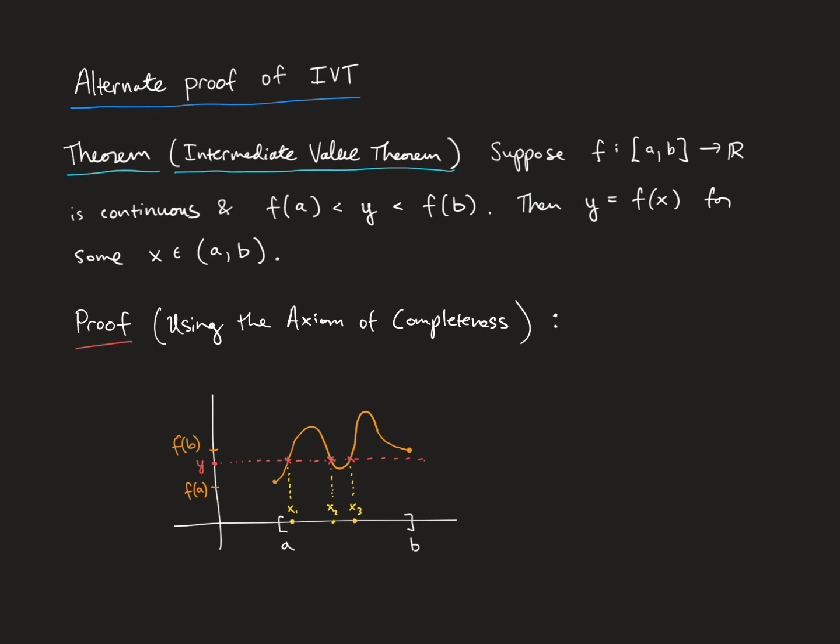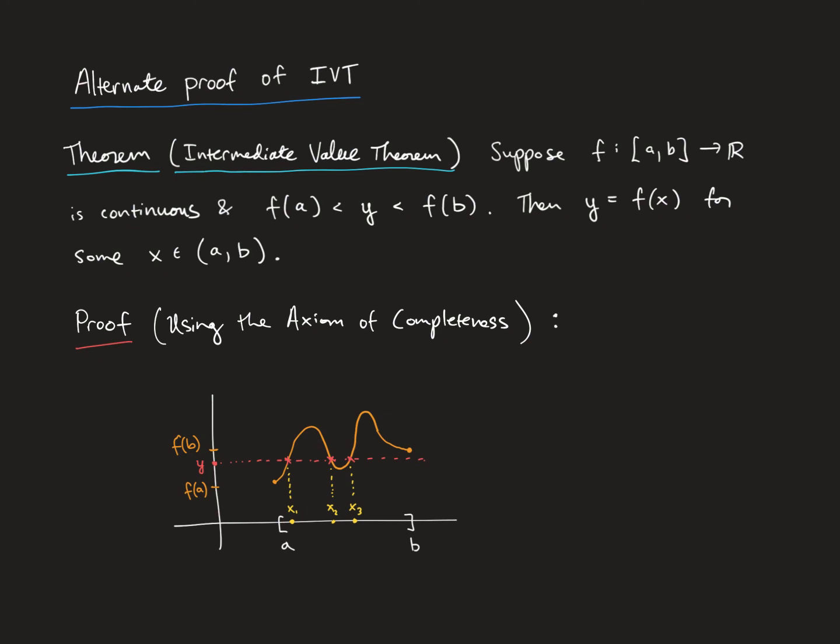In this picture, x3 seems like the most natural one to try to write as the supremum of some set. It's the supremum of the set of stuff in this interval AB that is less than y. If we look at the part of the graph which is under this value y, we have this part here and this part here.